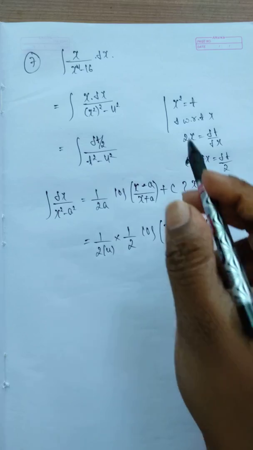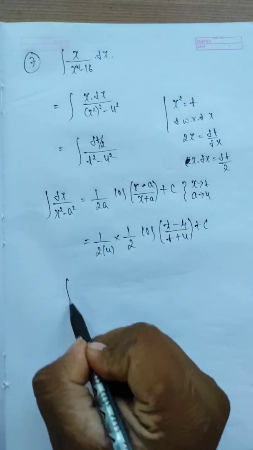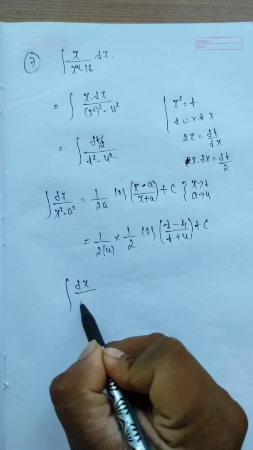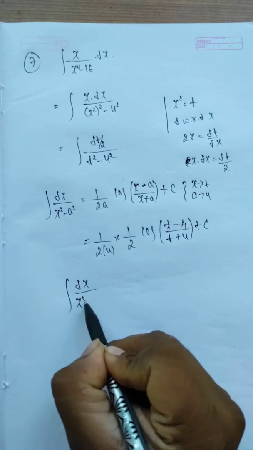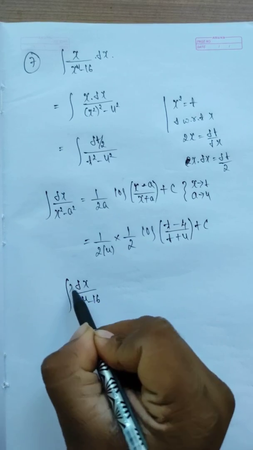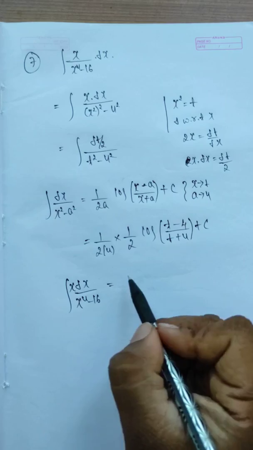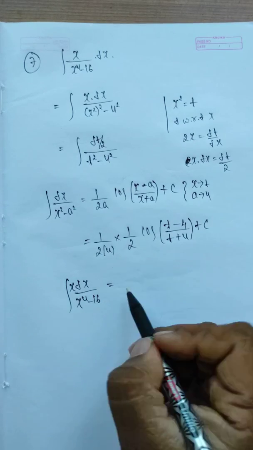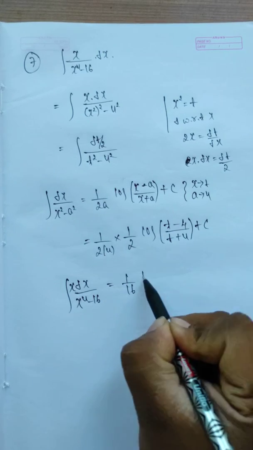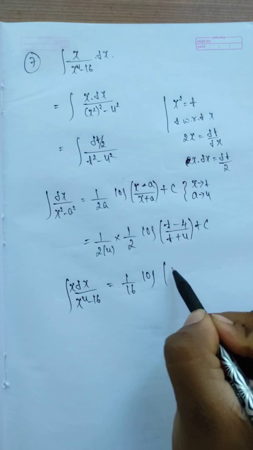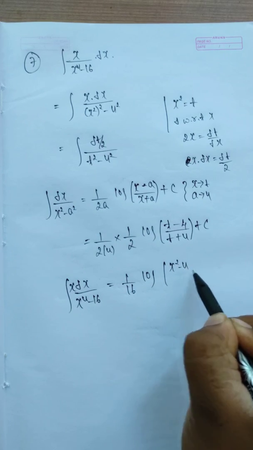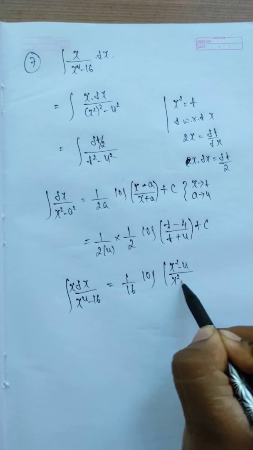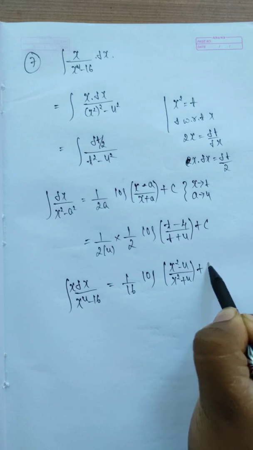What is t here? t is replaced as x square. So integration of x into dx by x to the power of 4 minus 16, 2 4s are 8, 8 2s are 16, means 1 by 16 log of x square minus 4 by x square plus 4 plus c.